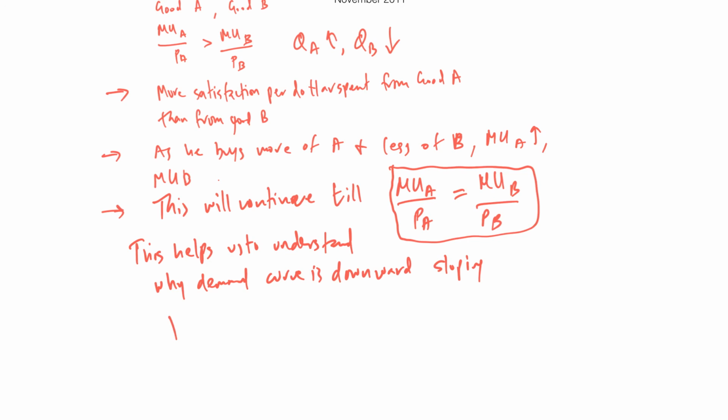Because when the price of a good goes down, the marginal utility per dollar spent of that good would go up as compared to another good, and that would make us buy more of that good.